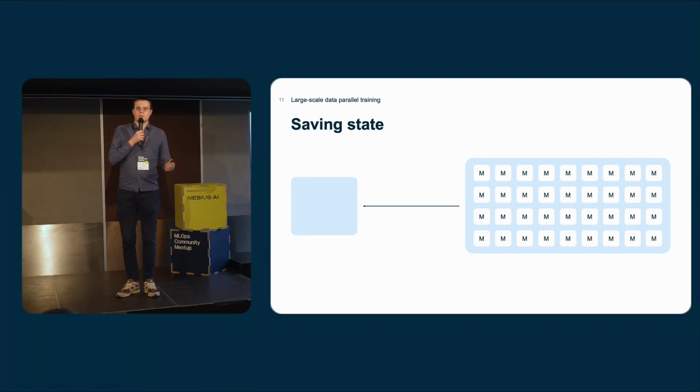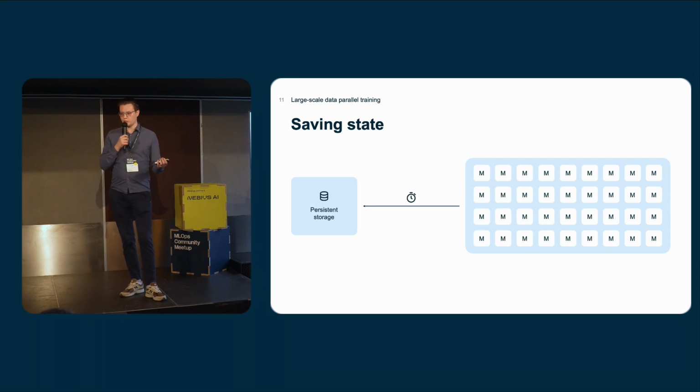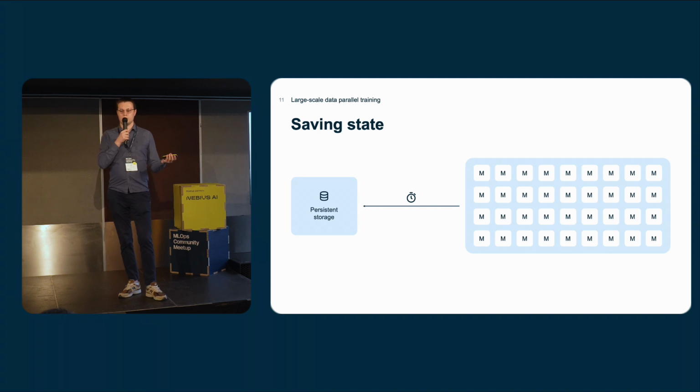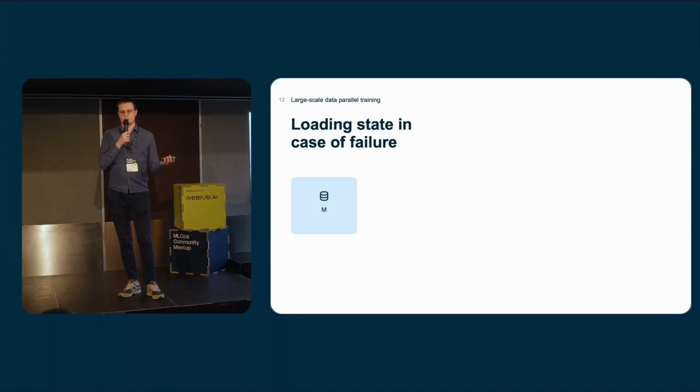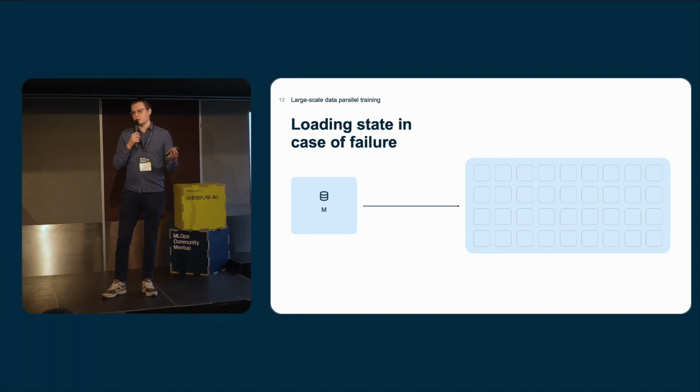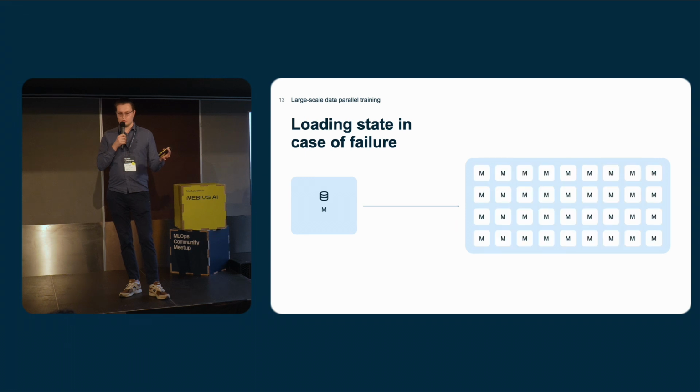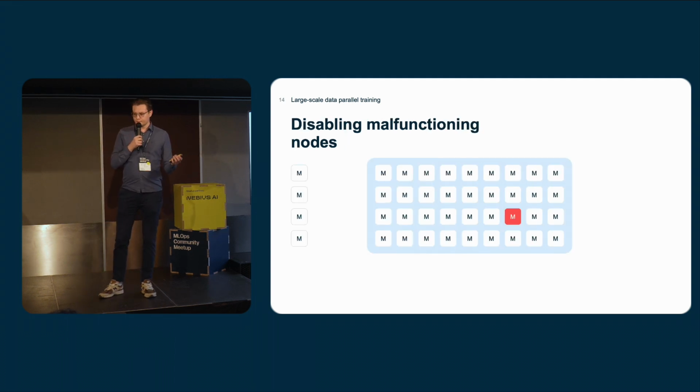So in order to preserve the progress during training, we periodically save our entire training state to some persistent storage, and in case of failure, we quickly reload from it to continue our training from the last checkpoint.